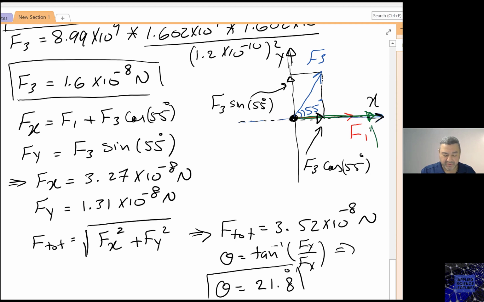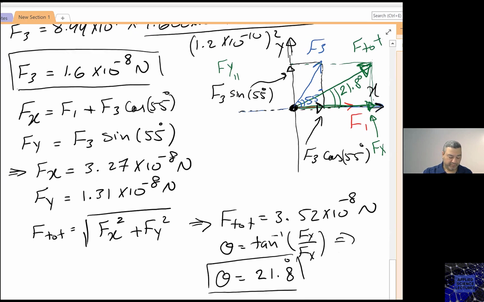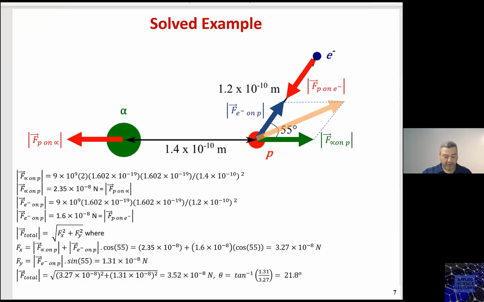This one is Fx, and this one is Fy. So this one is F tot, and this one is the 21.8 degrees.